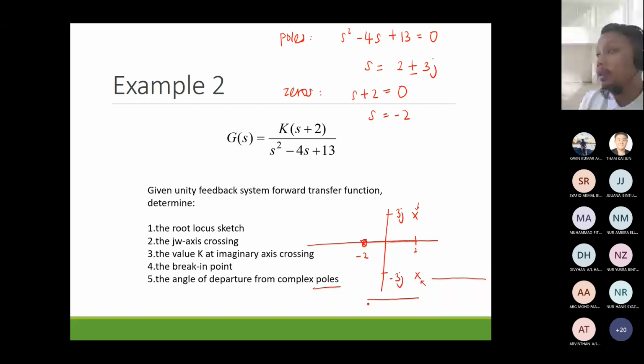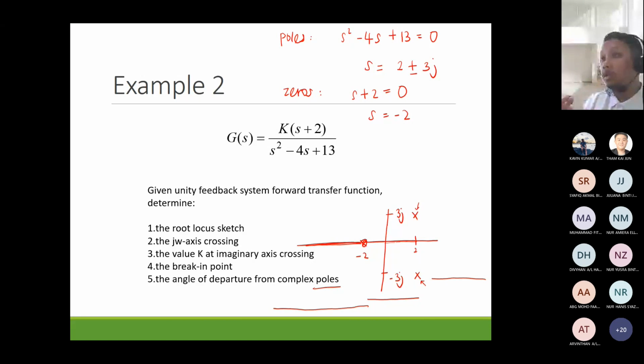And then from this minus 2 until negative infinity, we have 1, 2, and 3: 2 poles and 1 zero. So we have 3 things here, an odd number, meaning that we will have root locus on this real axis.